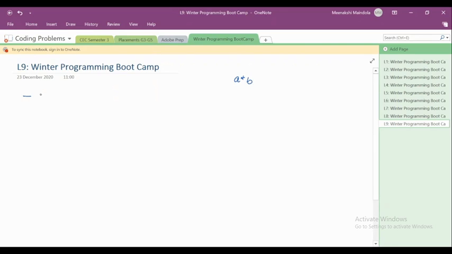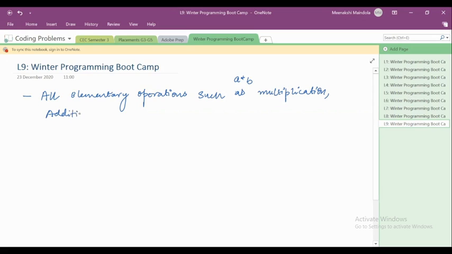For this we say that all elementary operations, so let me write it down this way, all elementary operations, by which I mean operations such as multiplication, addition, division, and other such things, as well as load or store operations, are going to take unit time.